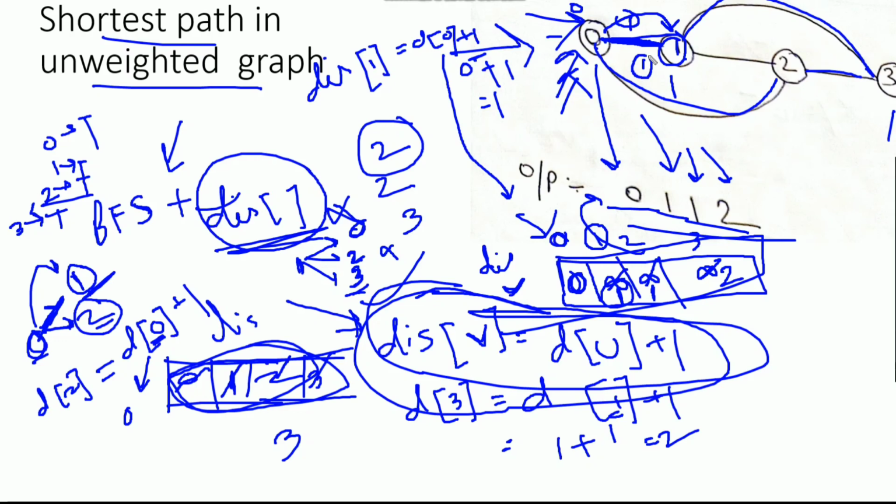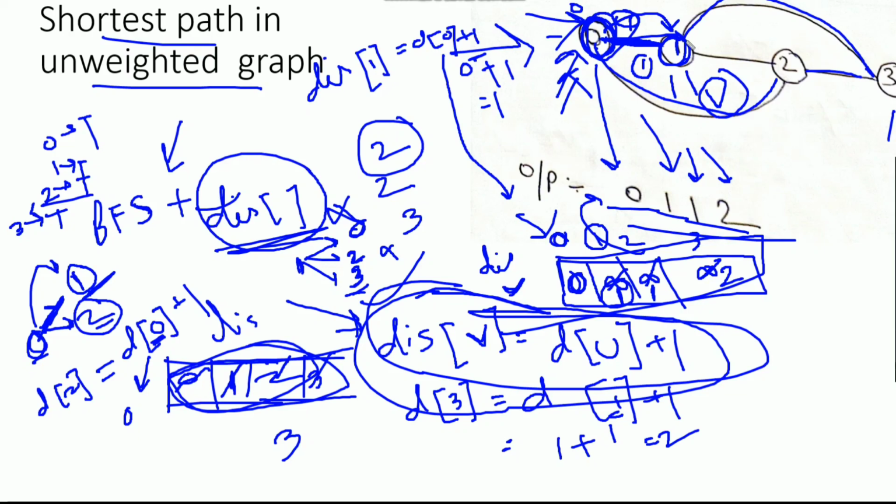BFS traverses the vertices in unit edge steps. So this is my adjacent vertex V. The distance between the source vertex and this vertex is nothing but the distance between the source vertex and the current vertex plus this unit edge.